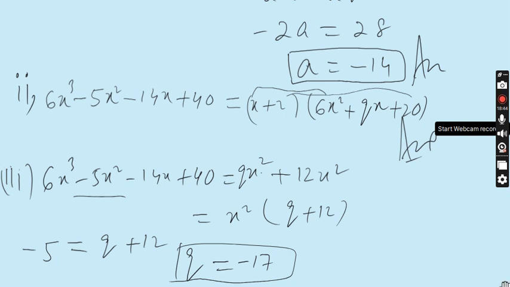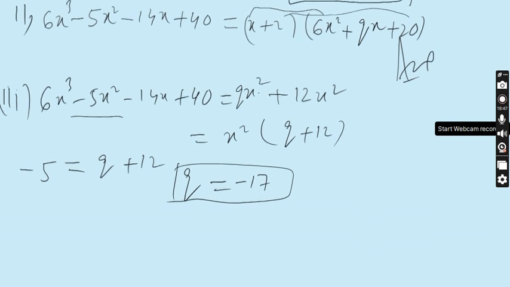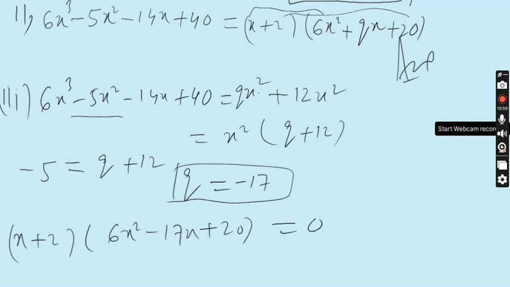Now our equation becomes (x plus 2)(6x square minus 17x plus 20) is equal to 0. This implies that x plus 2 is equal to 0 and 6x square minus 17x plus 20 is equal to 0.